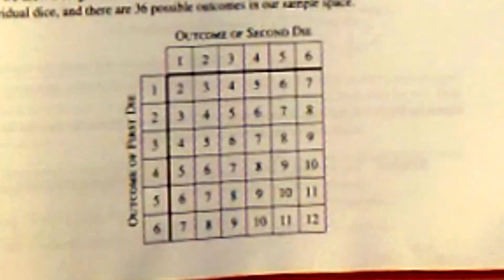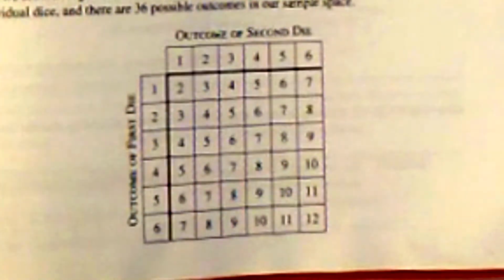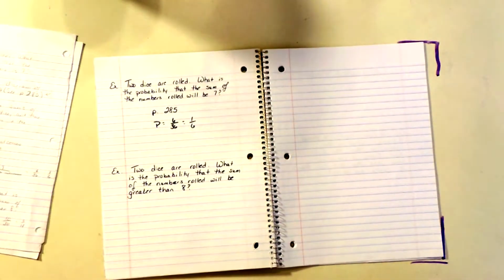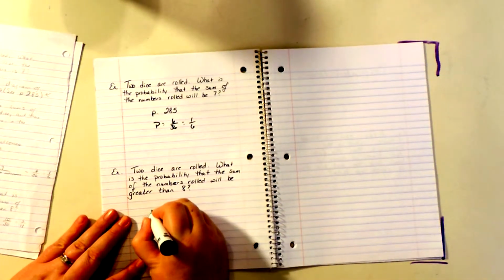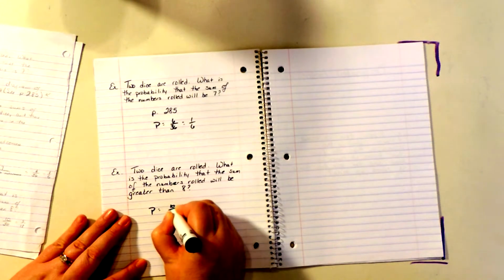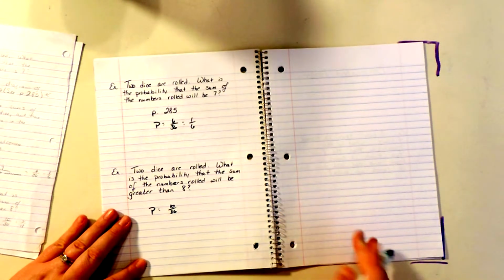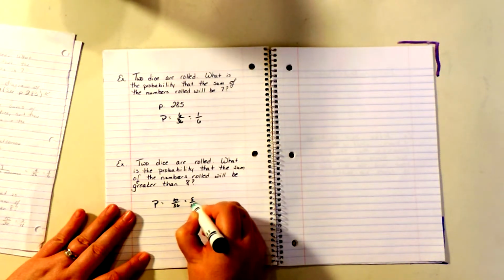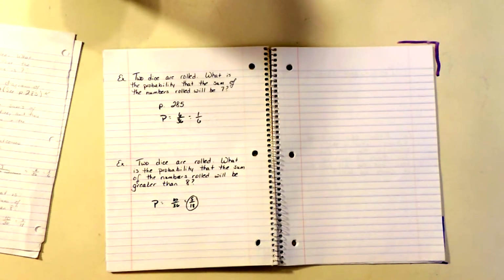So there are 10 possible solutions that will add up to greater than 8. So the probability equals 10 out of 36. We can divide both of those by 2 and get 5/18. And that would be your answer.